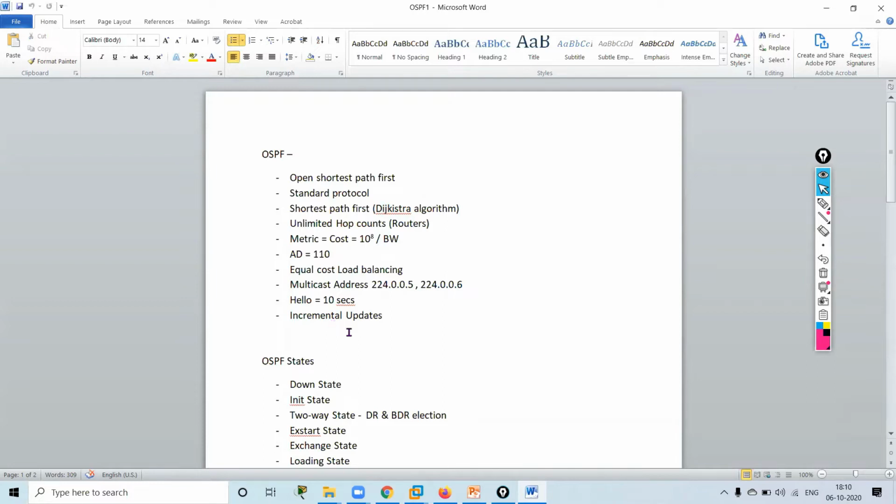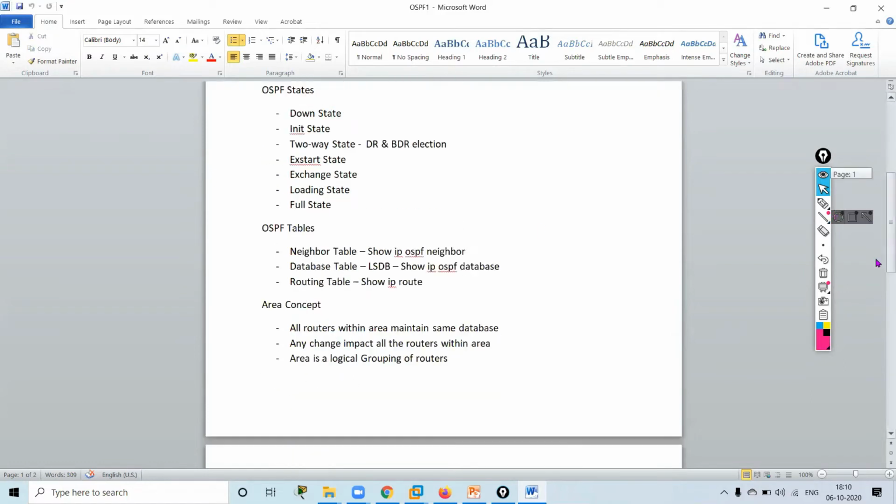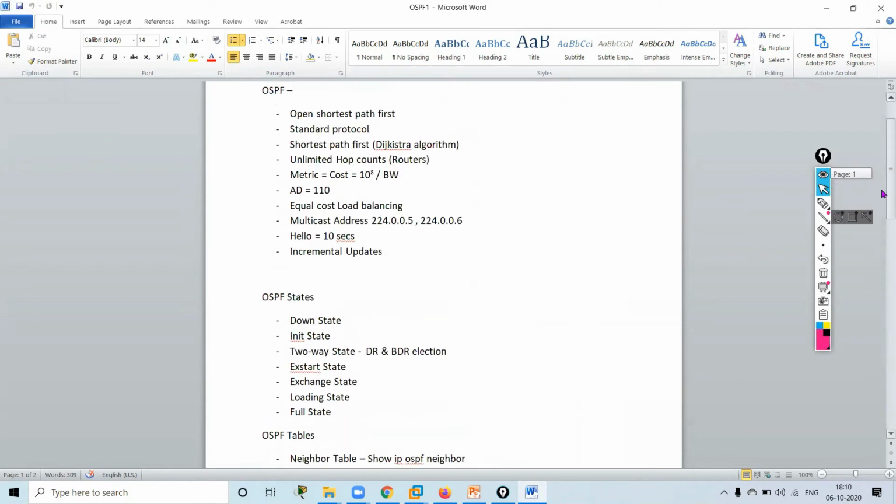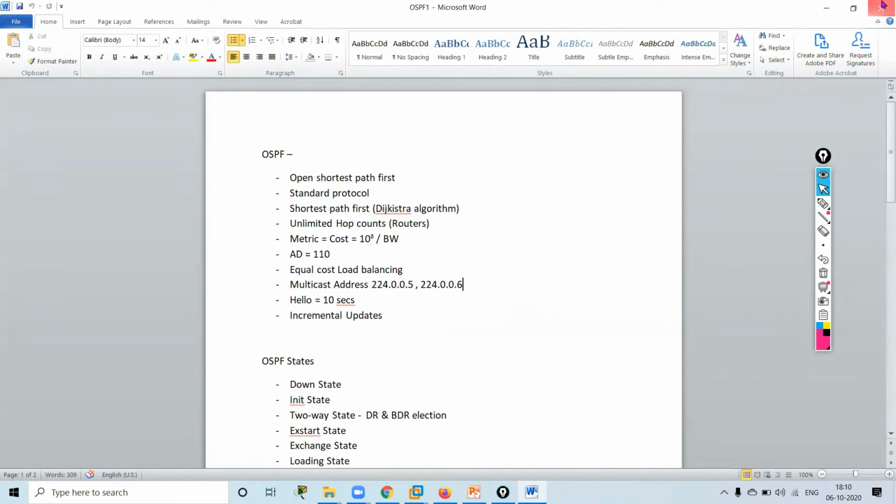The metric is cost. The cost is calculated on the basis of this formula: 10 raised to 8 divided by bandwidth.